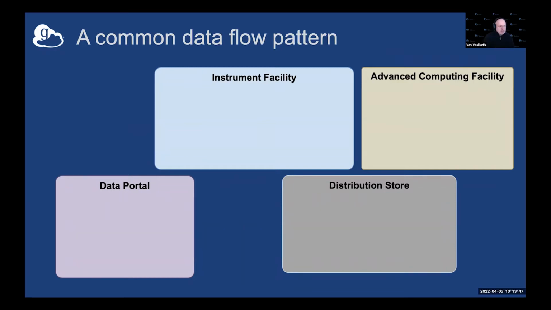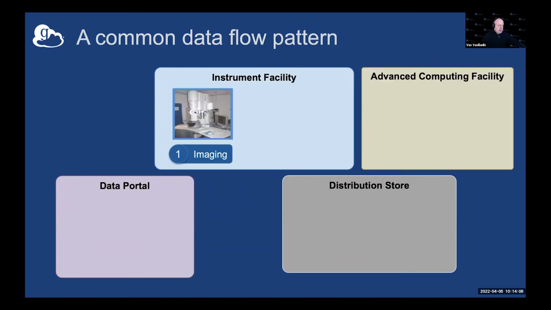And on this slide here, I'm going to show a flow that is a very common pattern. This is actually reflecting one of the beam lines at the Advanced Photon Source, but you can easily generalize it to many types of instruments. And the flow goes something like this, right? So you have an instrument that's generating data.